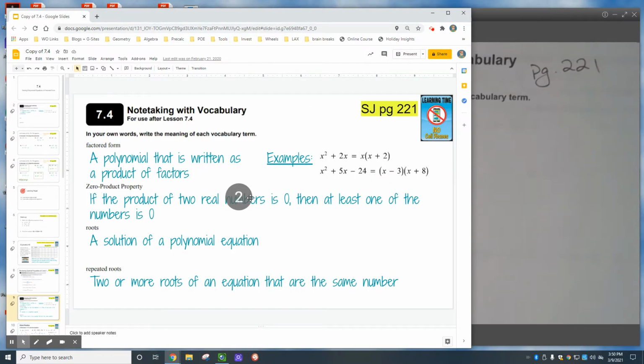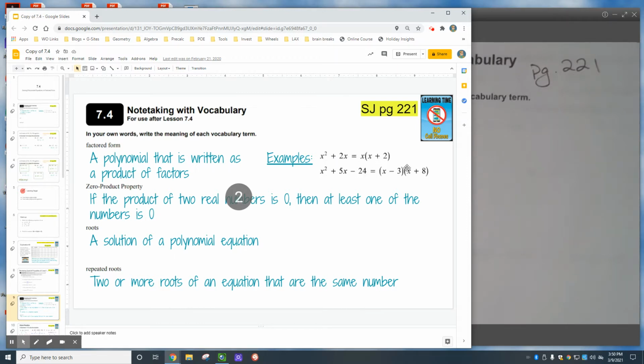So first thing you need to know is what factored form is. That's a polynomial written as a product of factors. So for example, x squared plus 2x, that's a binomial, a type of polynomial. I could write that as x times x plus 2. If I multiply that x in, I'd end up at x squared plus 2x.